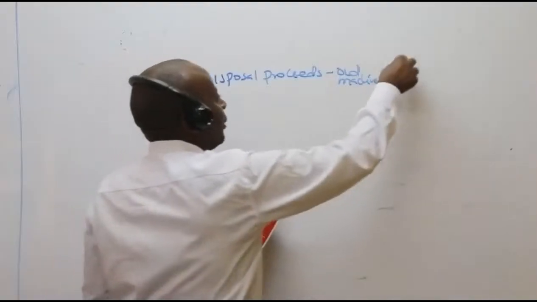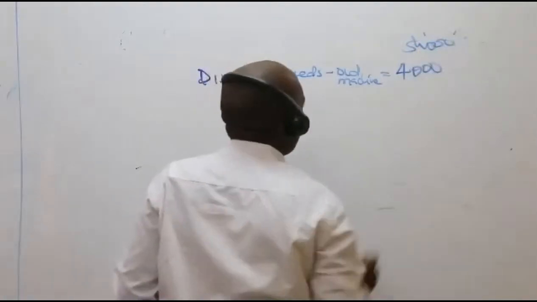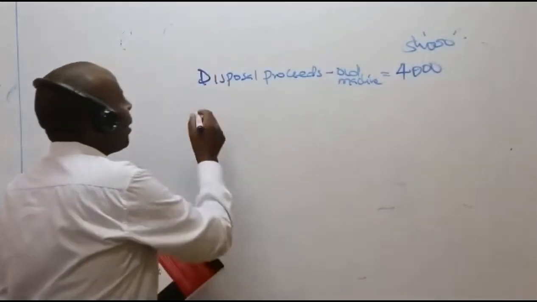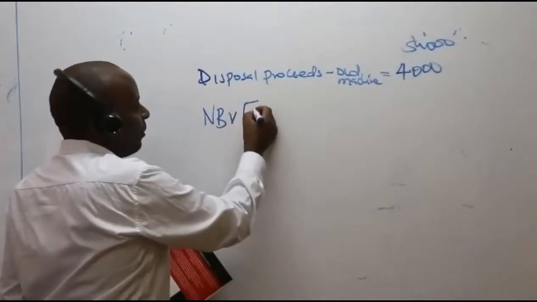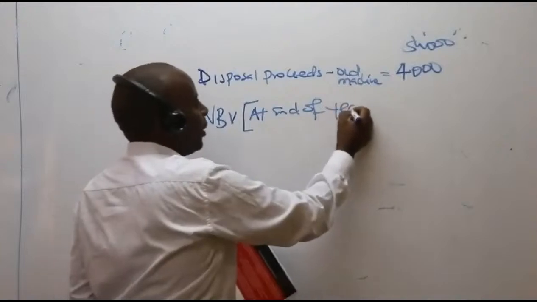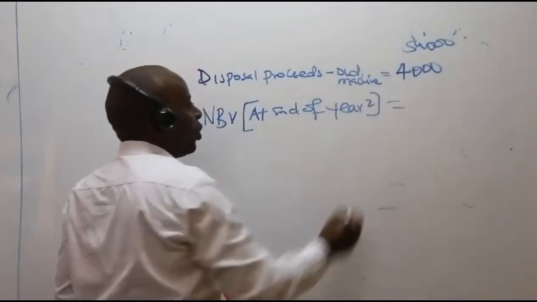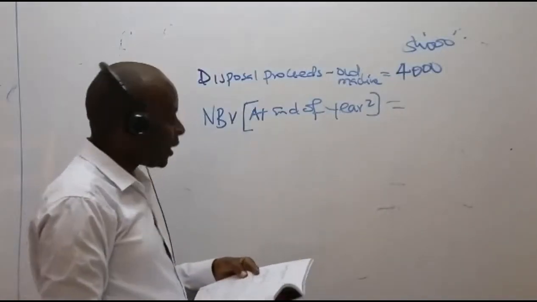So 4 million. Let me put my figures in thousands like that. Now I'll compare this with the net book value of this machine. Remember, this is at end of year 2. At the end of year 2, what do we have? Have they given us this net book value?